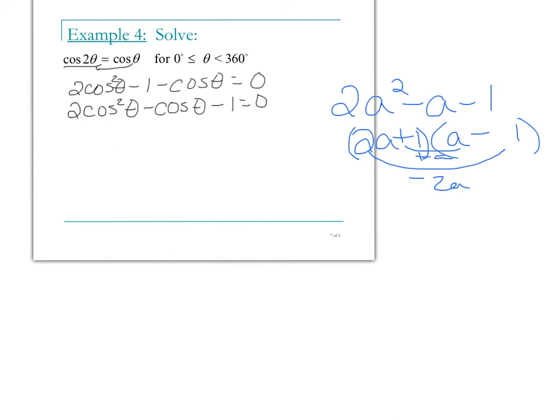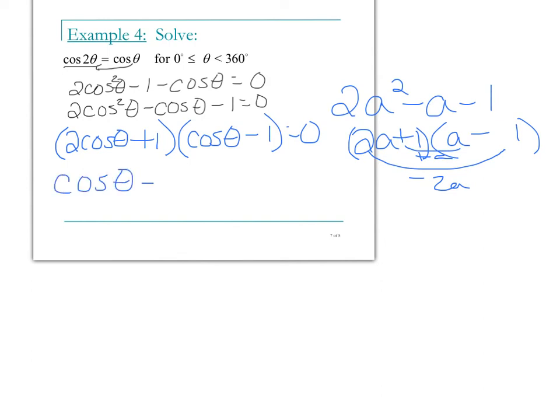So coming back over here, I'll have 2 cosine theta plus 1 times cosine theta minus 1 is equal to 0. I'll set both of them equal to 0, so this becomes cosine theta equals negative 1/2, and this becomes cosine theta equals 1.